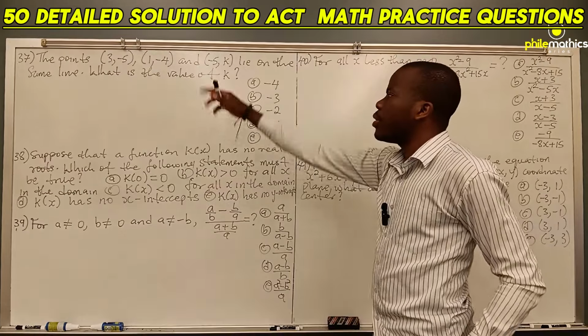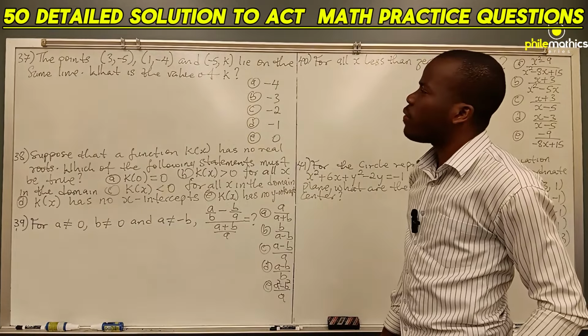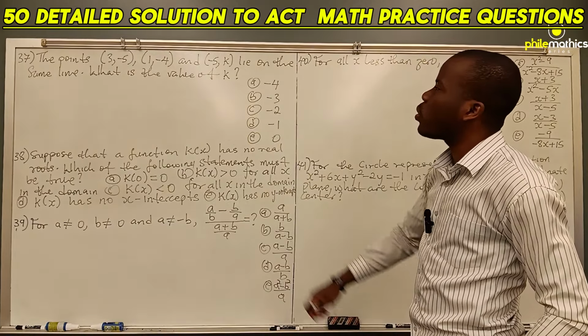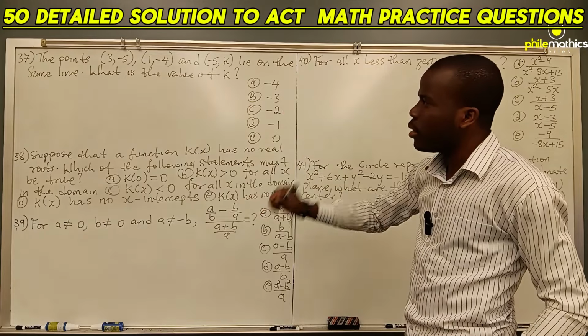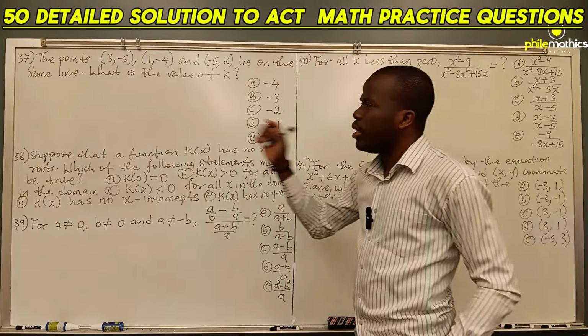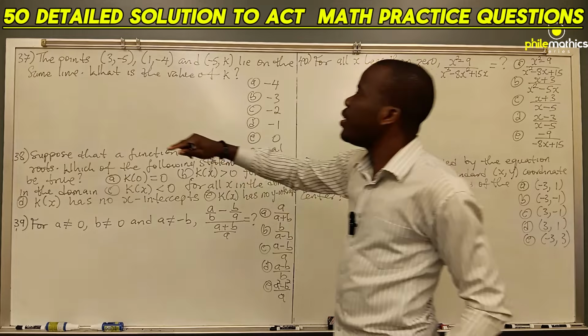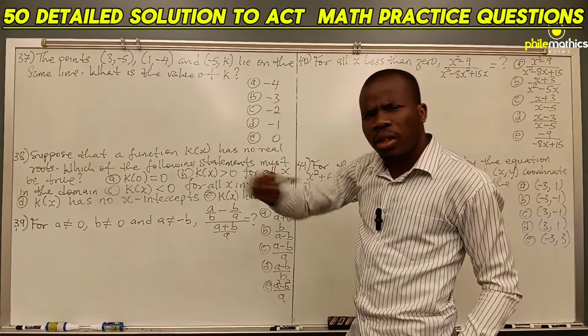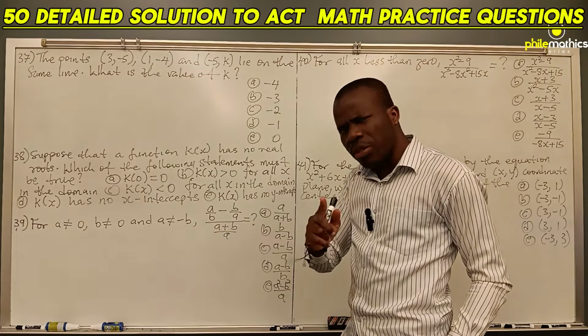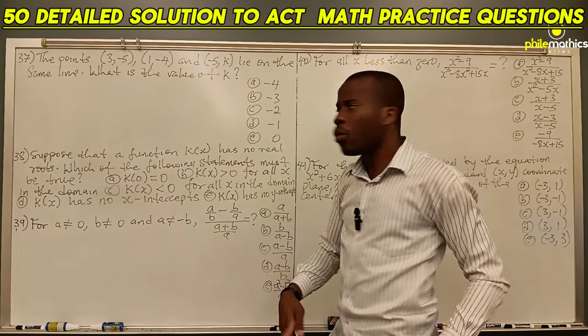Question 37 says the points 3, minus 5, 1, minus 4, and minus 5, k lie on the same line. What is the value of k? The easiest thing that comes to mind is to find the gradient between this and this and this and this. For them to lie on the same straight line, their gradients have to be equal.